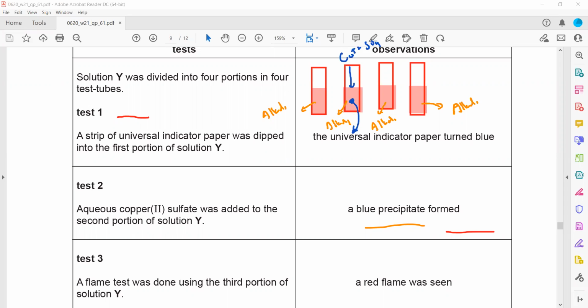This blue precipitate is copper hydroxide, because the precipitates formed due to addition of an alkali are hydroxides. So this confirms that there is a hydroxide ion present in this solution. And from the first test, it is obvious that it is an alkali, so there should be a hydroxide ion, as the universal indicator shows a blue color.